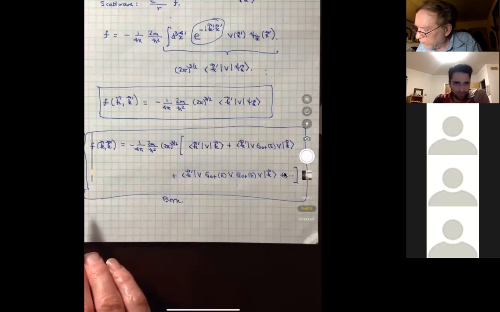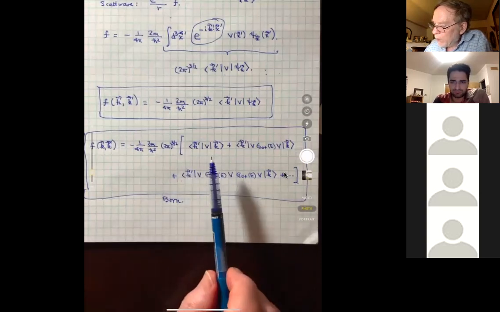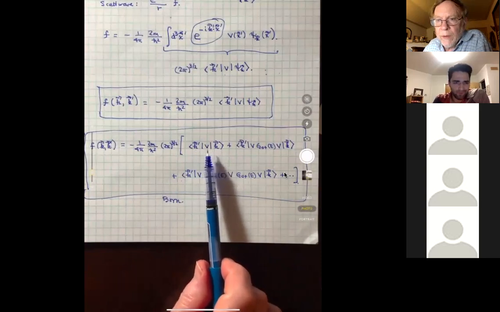All right, well, I see I'm out of time. The first Born approximation, which is the first term, if you square it, you're going to get the Fourier transform of the potential evaluated at the momentum transfer. This is just what we got from time-dependent perturbation theory.